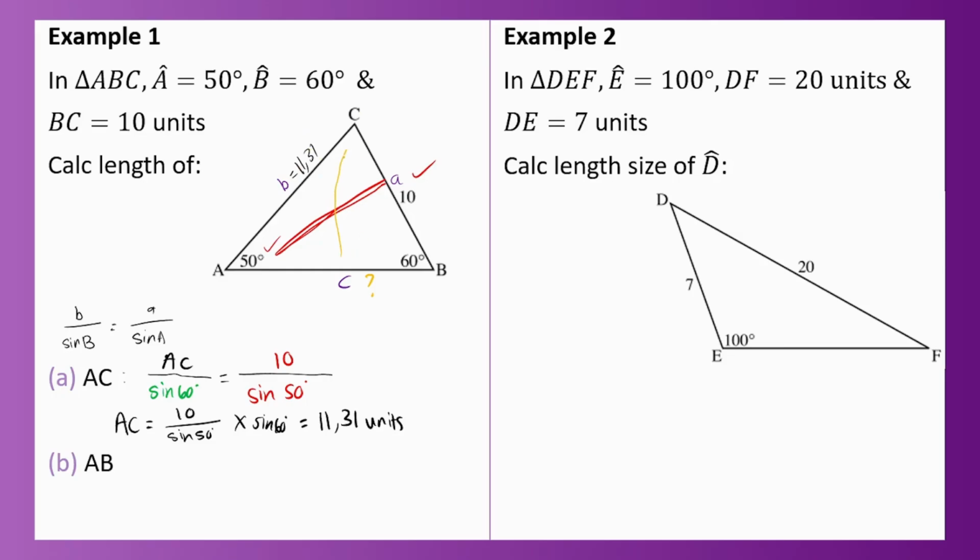And we need to find AB, which is opposite angle C. We do not have the value, but we have 50 and we have 60, and we know this is a triangle. So C will be 180 minus the 2 angles that we have, because we know the angles in a triangle add up to 180. So this is 70 degrees, and our reason would be interior angles of a triangle.